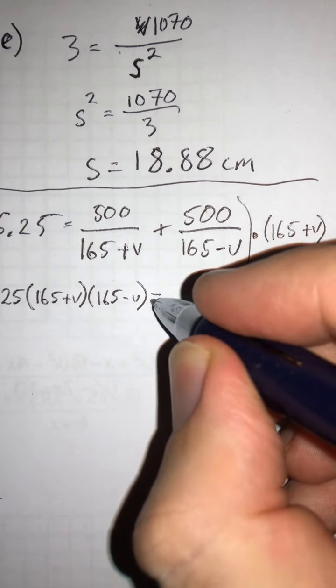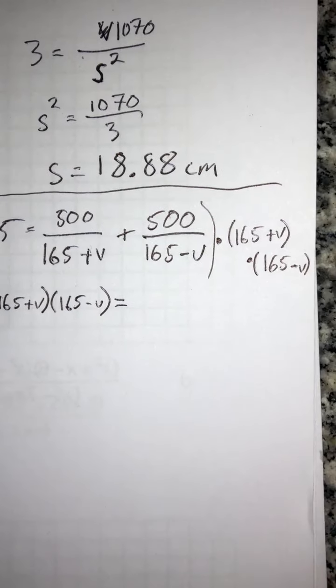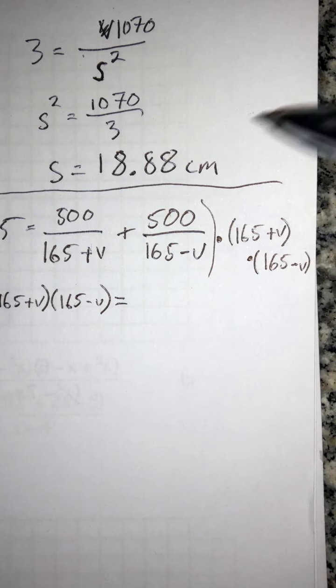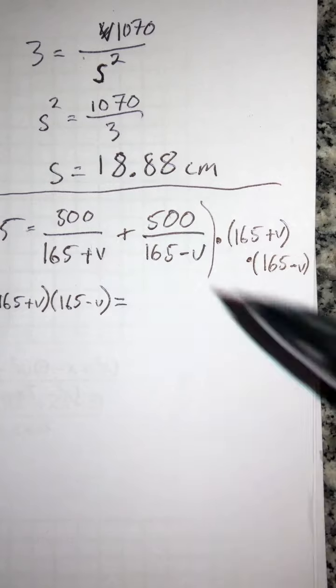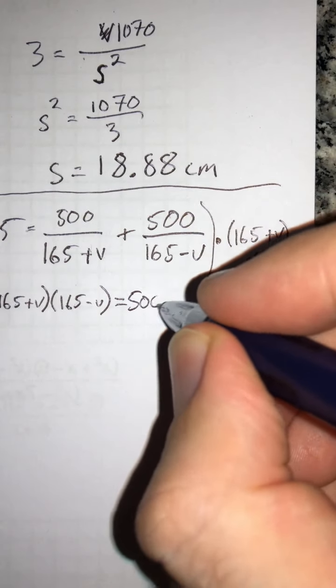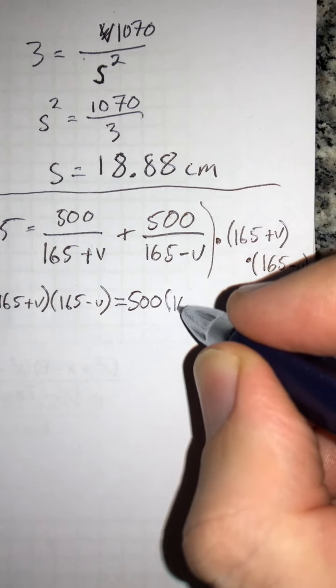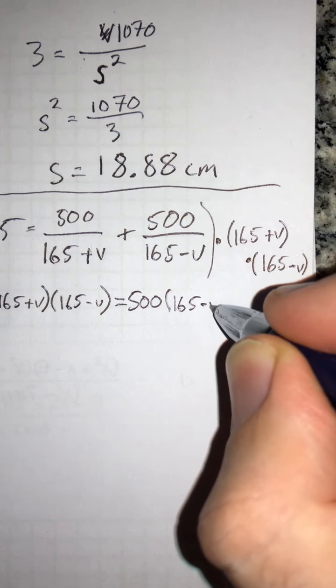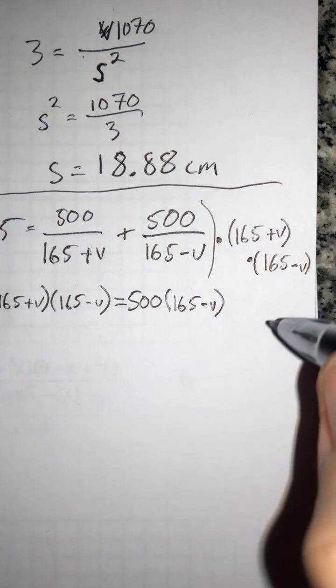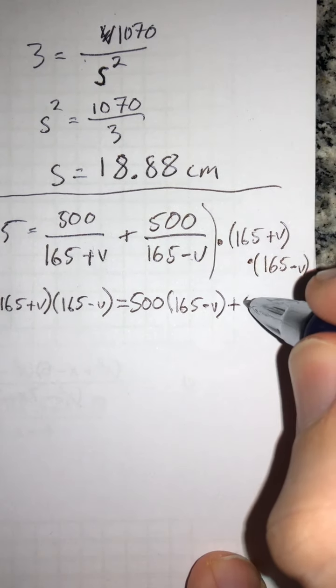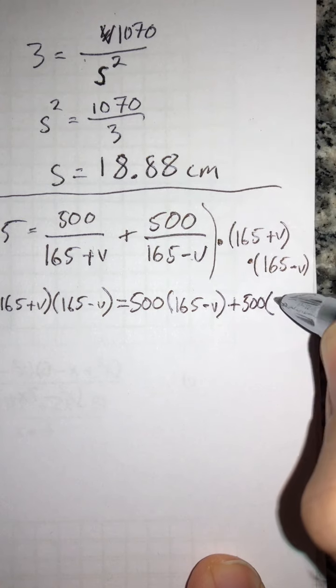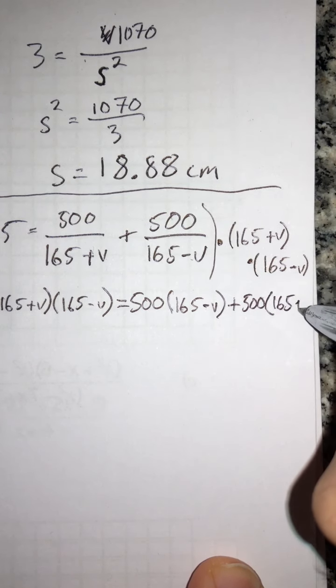Equals, so when I multiply both these terms into this fraction, the 165 plus V's will cancel, and I'm left with 500 times 165 minus V. For this other fraction, the 165 minus V's are going to cancel, and so I'm left with 500, 165 plus V.